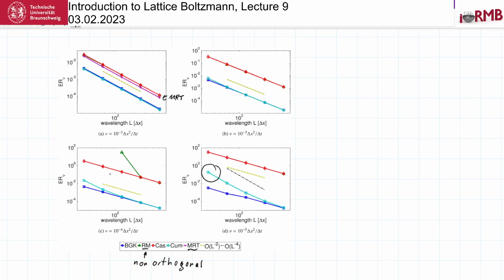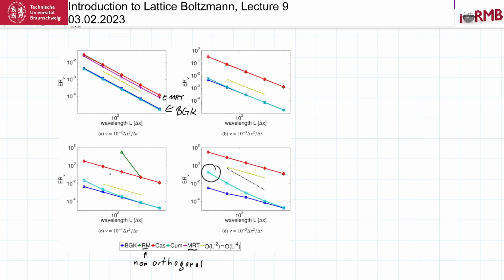It's just that this one does not have the same convergence in the beginning, but later they all have the same convergence. MRT has a large error compared also to the BGK. So BGK is always down here. Not everybody would like this, but it is an order of magnitude more accurate.